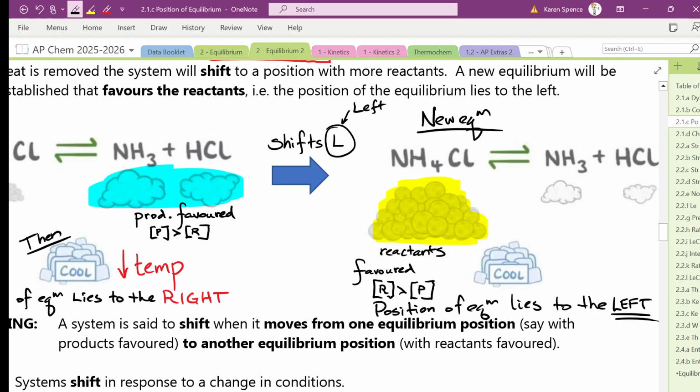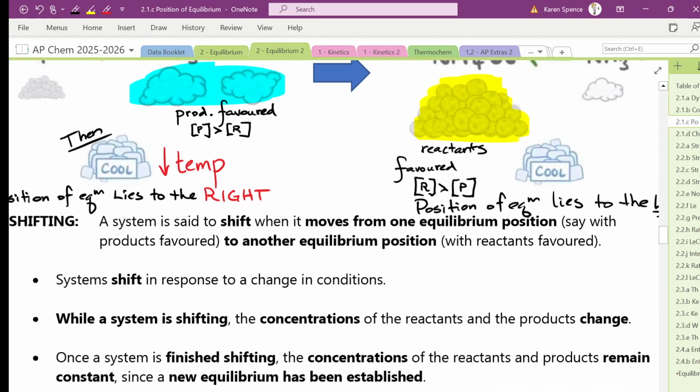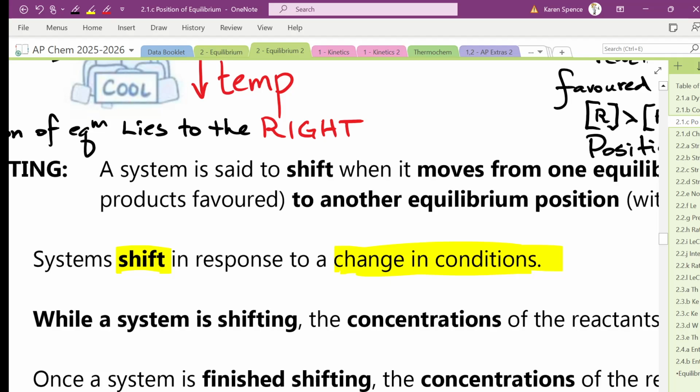So as we've said, when a system shifts, it moves from one equilibrium to a different equilibrium position. Systems shift in response to a change in conditions. This change in conditions, we're going to give that a name as well. That is called a stress. Yeah, we stress the system and so it shifts.